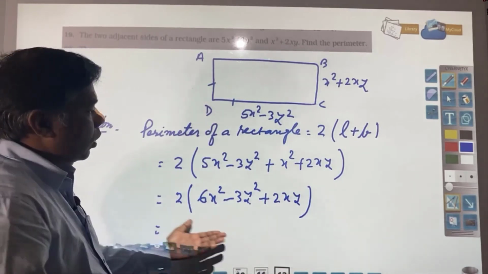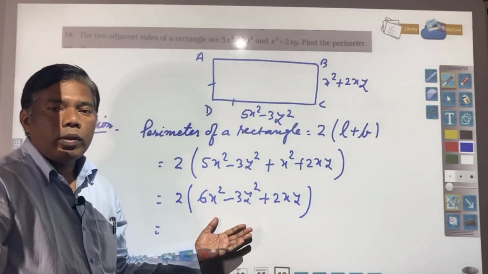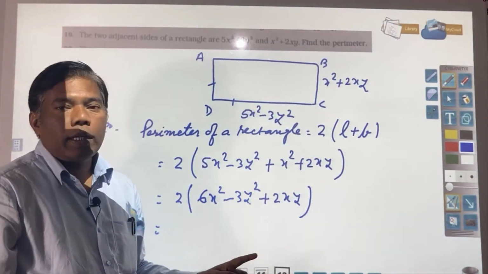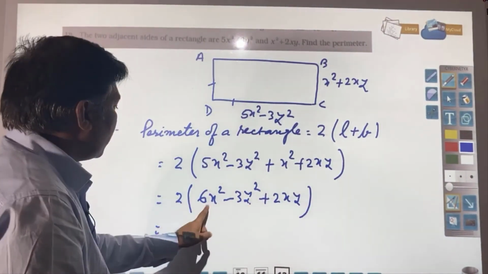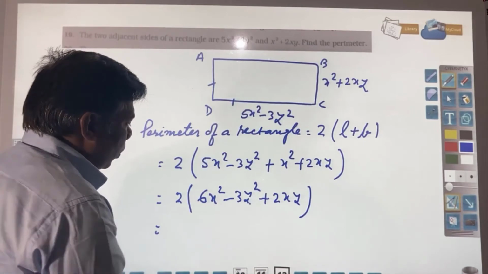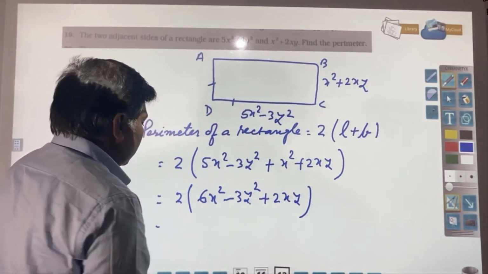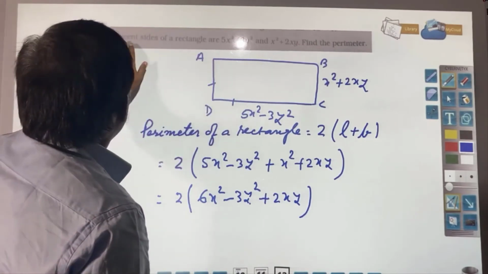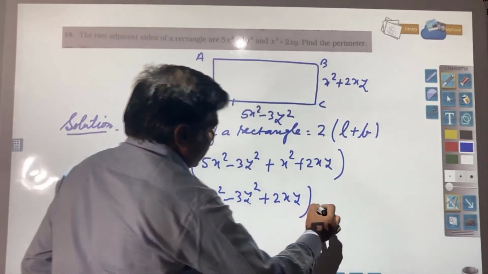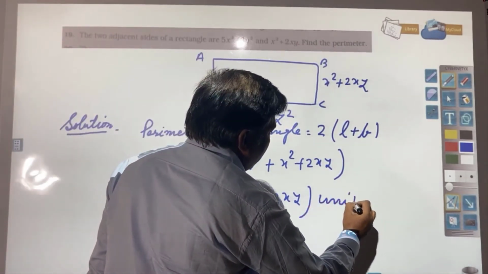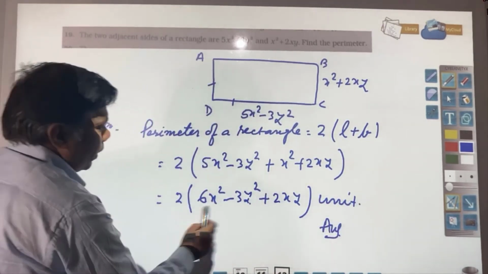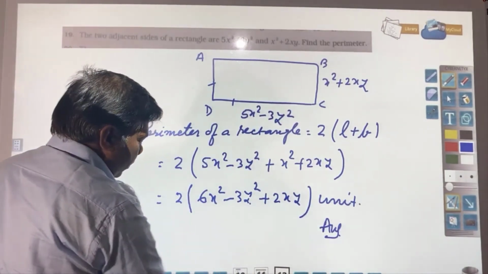This will be your answer, or you can multiply this out and write the answer. But it is better to write this only as the answer. So this will be the perimeter, and this one unit will be your answer.